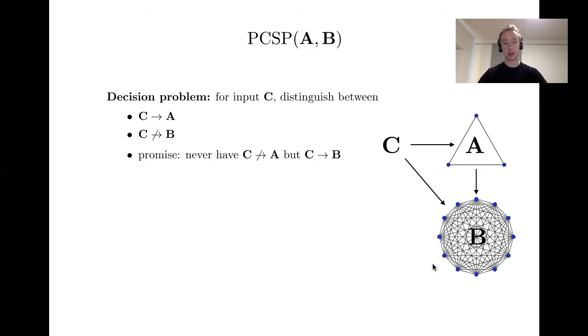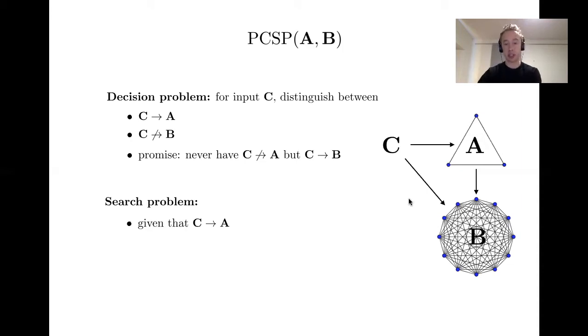In this case, in the decision problem, the promise is that we never have C not mapping to A, but C mapping to B, which means that in this example, we don't have that C is not 3 colorable, but is 12 colorable, which enforces the gap between the two cases. There's also a search version of this problem, which is as follows.